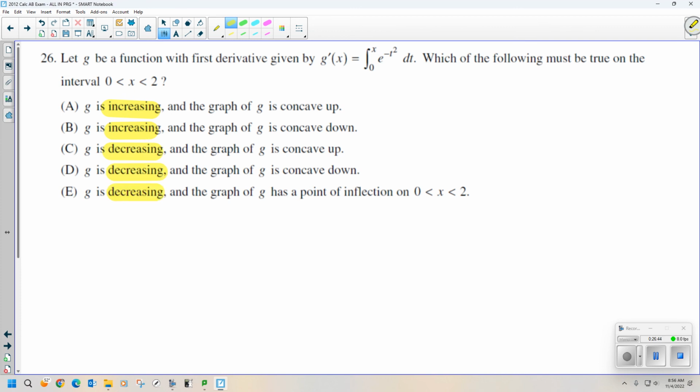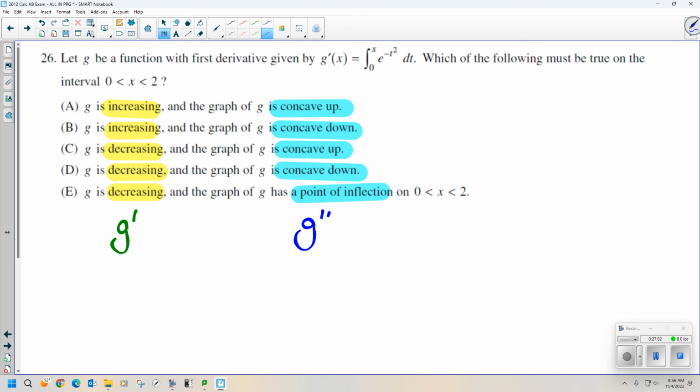That tells me I'm definitely going to have to evaluate the first derivative. Then it says concave up, concave down, concave up, concave down, something about a point of inflection, and that tells me I need to evaluate the second derivative.